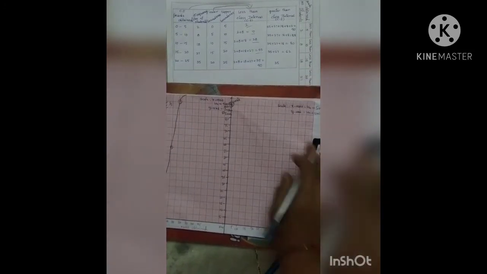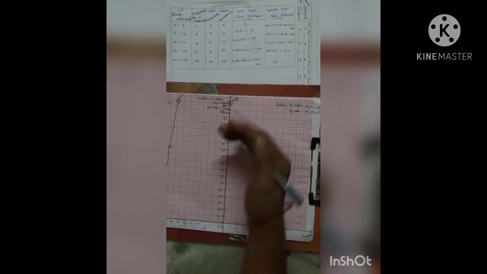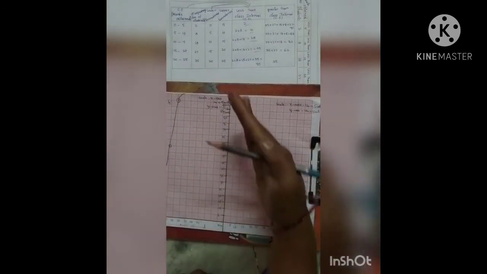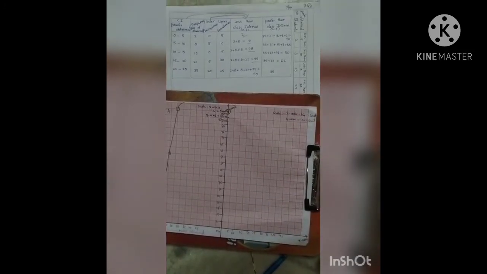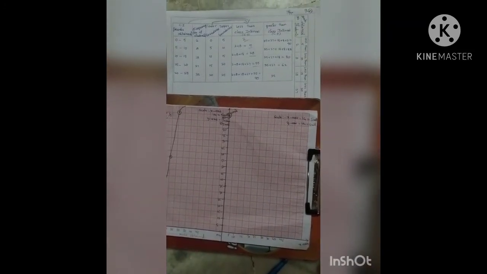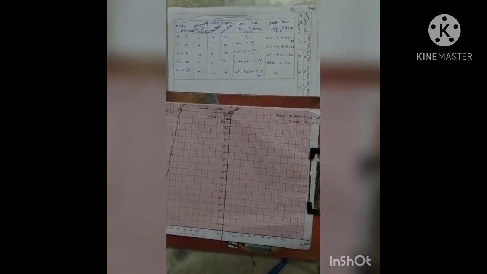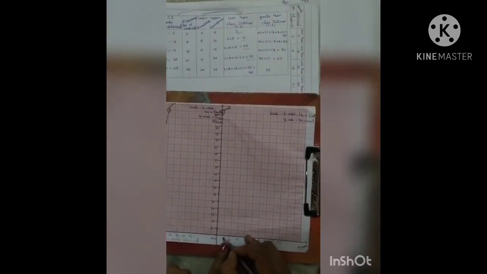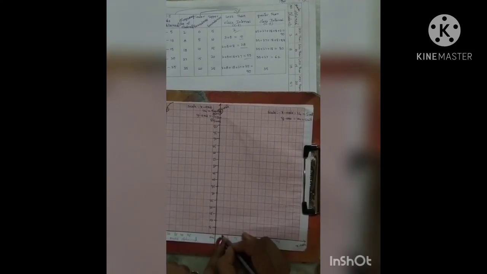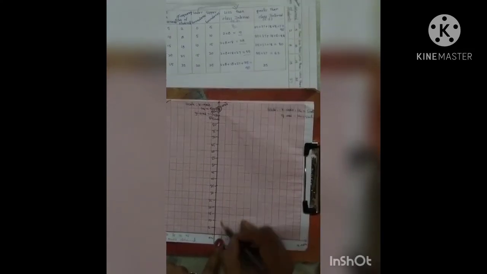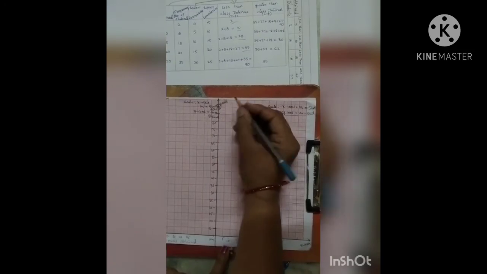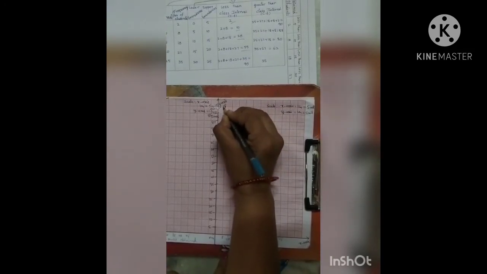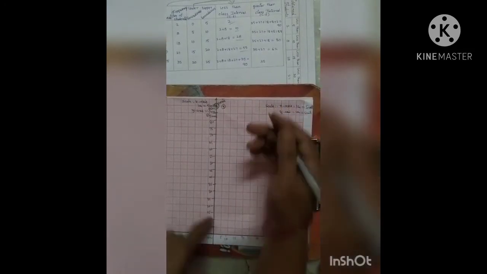Once here, draw starting from 35 onwards, like this. The graph: 5 is 90, and here 90. Okay children.